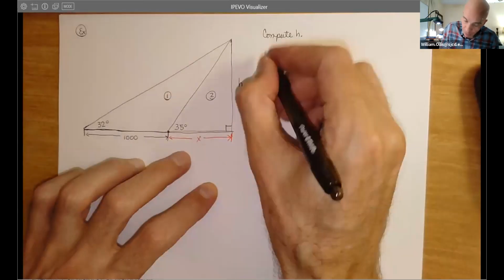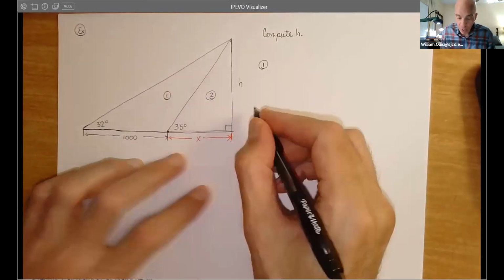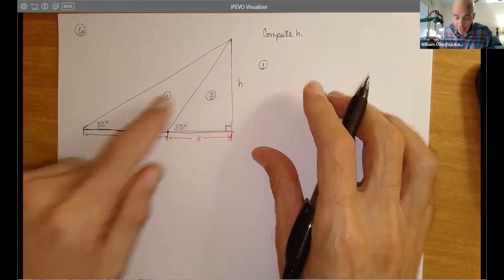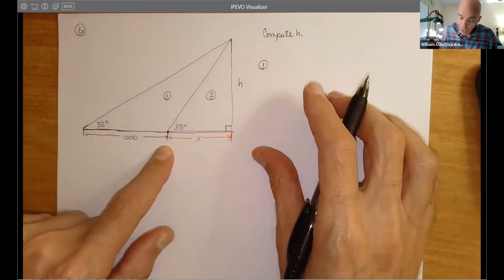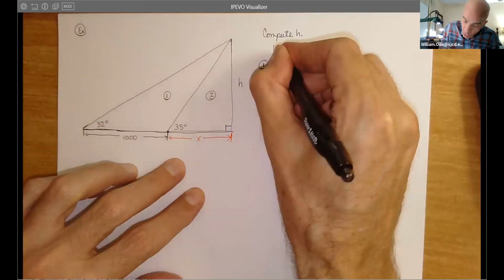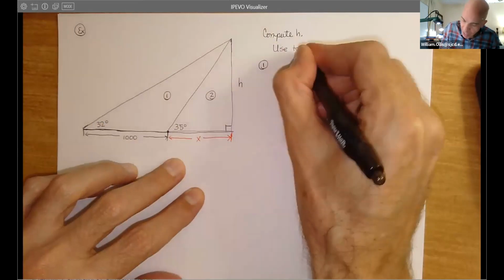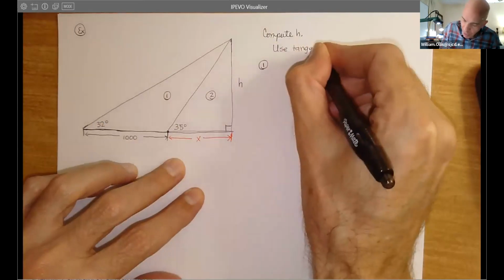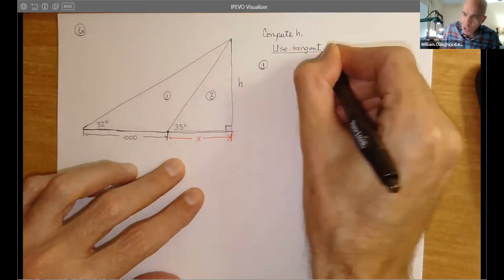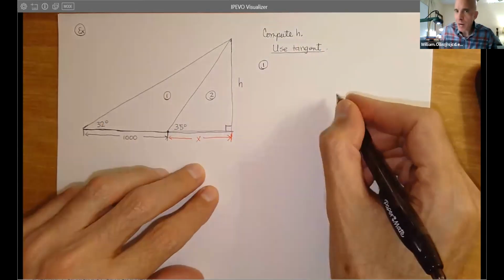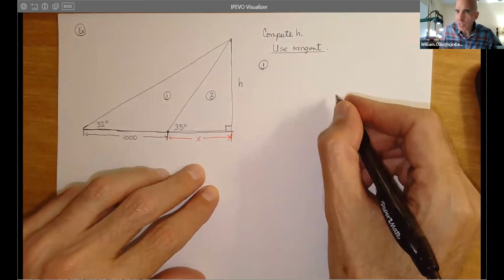For the larger triangle, again, we have an opposite side and an adjacent side, so again we're going to use tangent. We're seeing that this quirky ratio of sides of a right triangle is turning out to be really useful.